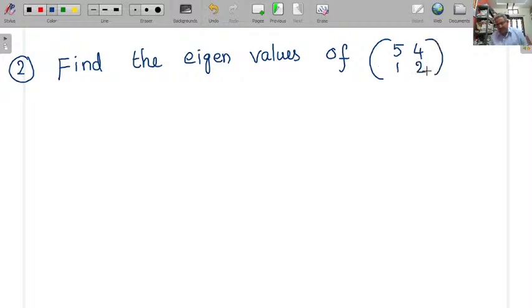This is a 2 by 2 matrix. This was given in a JNTU examination, November 2009 question. This was a previous question only, right? Let us proceed for the solution.